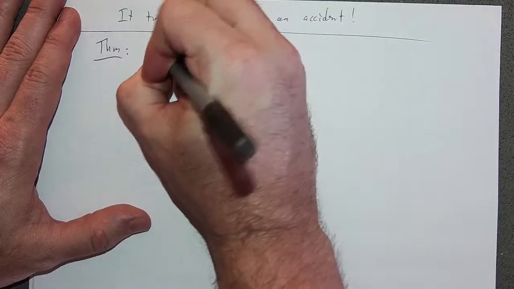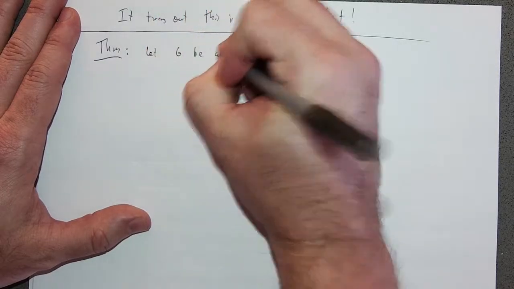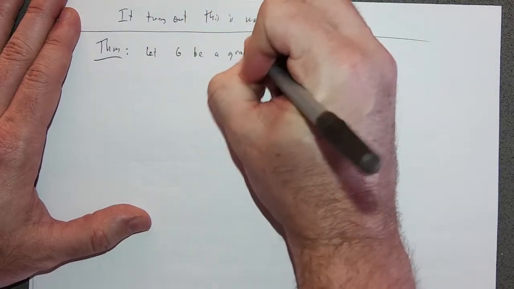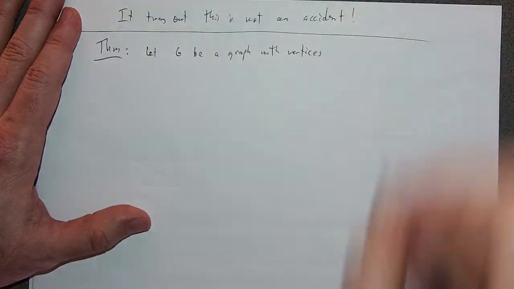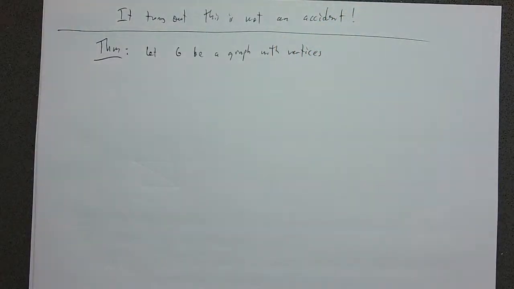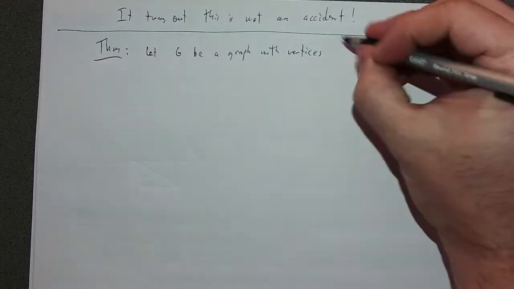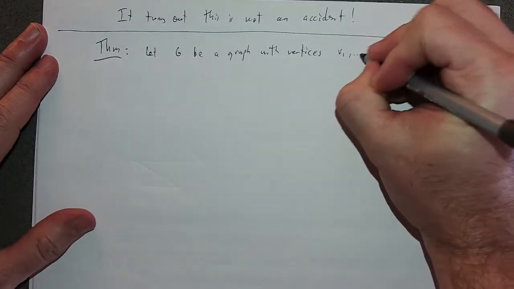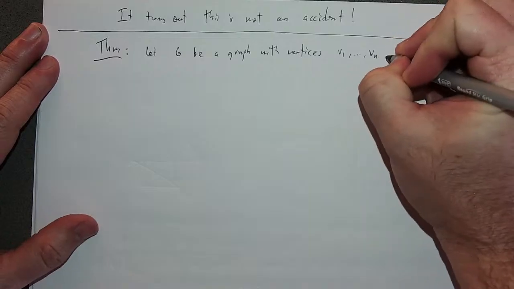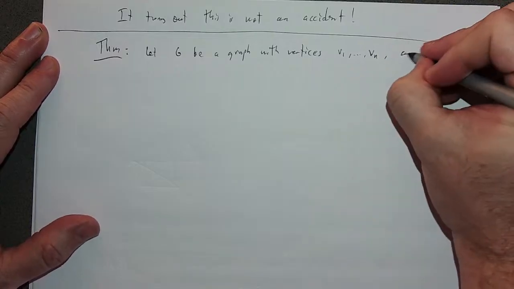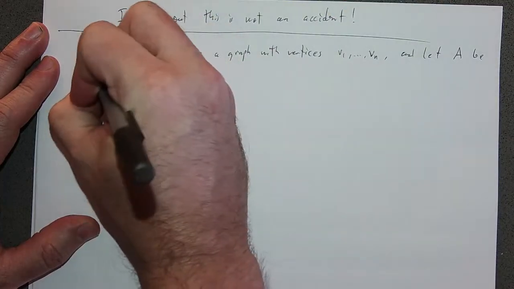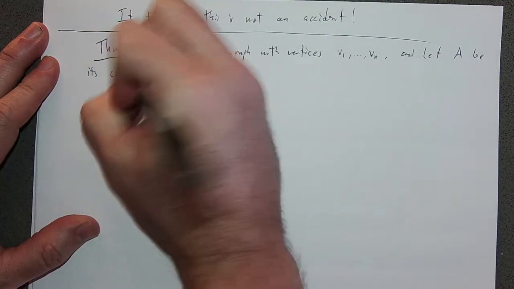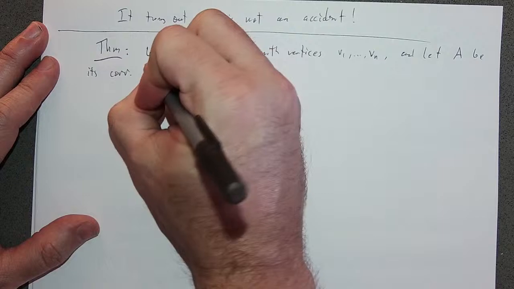So let G be a graph with vertices v1 to vn, say. And let A be its corresponding adjacency matrix, that is, corresponding to this ordering.